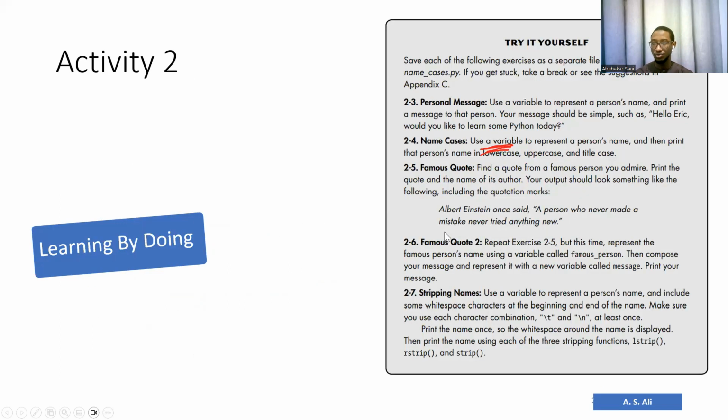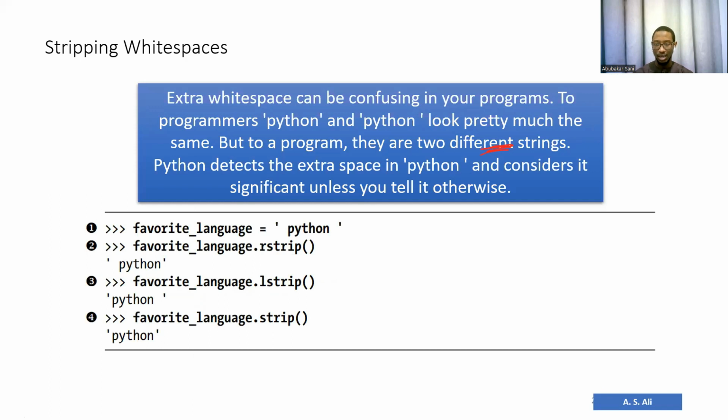Okay, so let's move. So these are some activities. Okay, there is this rstrip and lstrip as well as the strip. Okay, so rstrip removes the white space from the right side. For example, here we have a white space which is a normal space, Python, another white space.